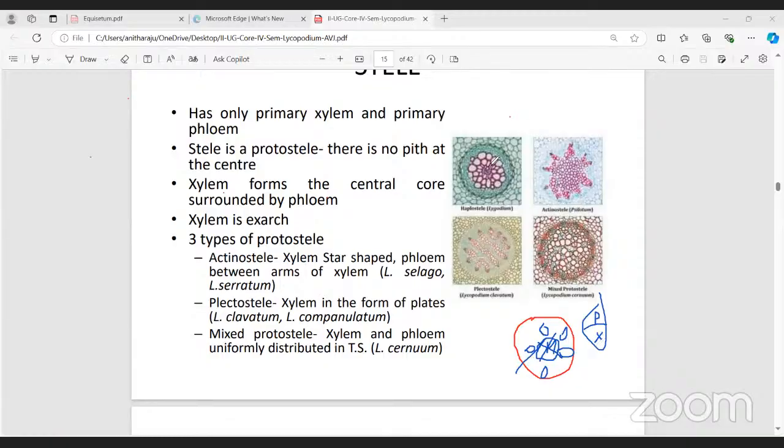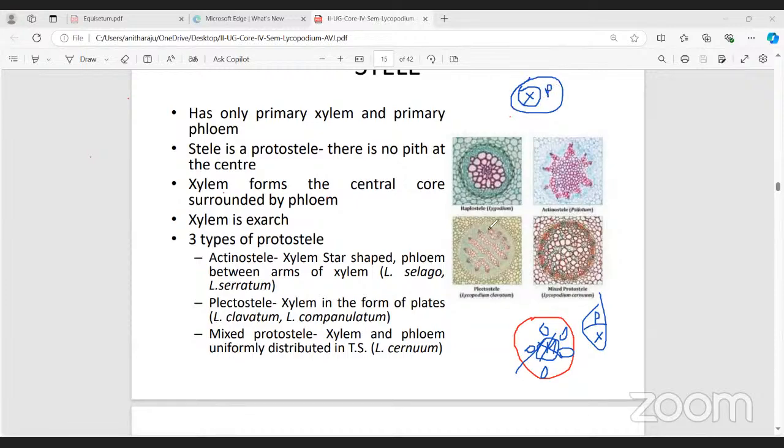For example, haplostele. This is haplostele. Haplostele means simple, without pith. In haplostele, the xylem is at the center, simple, surrounded by phloem.